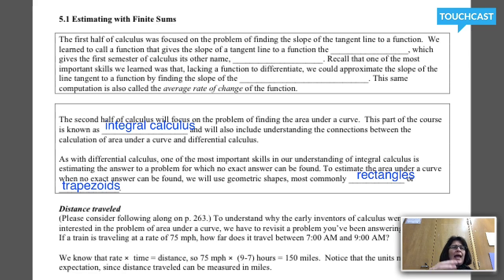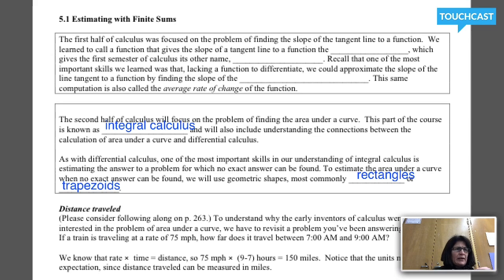And the focus on the second half of calculus, well, the impetus for it, was wanting to find the area under a curve. So we're going to learn, number one, how to find areas under curves. Number two, how to notate that with this new symbol that's called the integral. And how, surprisingly enough, this all relates back to differential calculus, so taking derivatives.